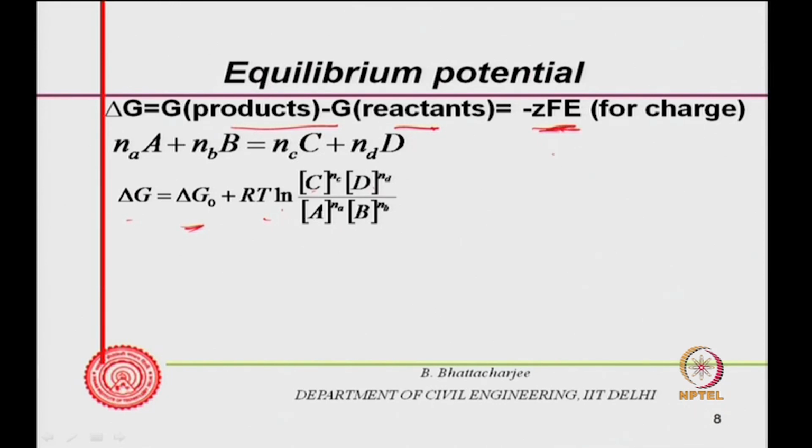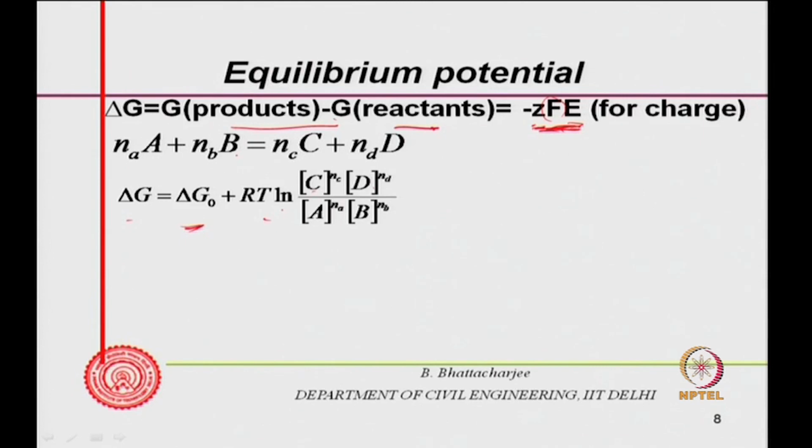where charge is involved. You remember the potential is basically the energy per unit charge, and Z is the number of electrons transferred, or the valency of that species that is taking part in an electrochemical reaction. F is the number of coulombs of charge associated with 1 gram mole.